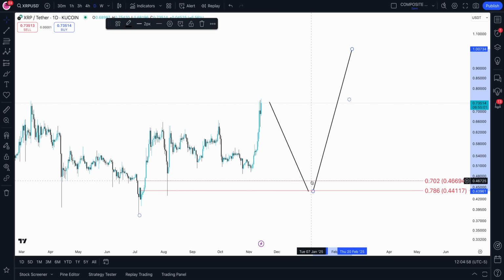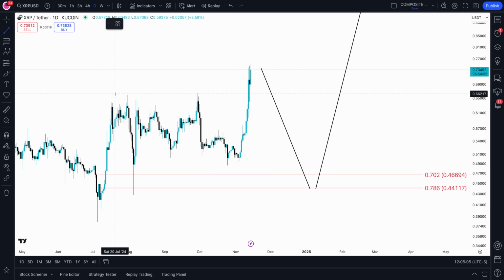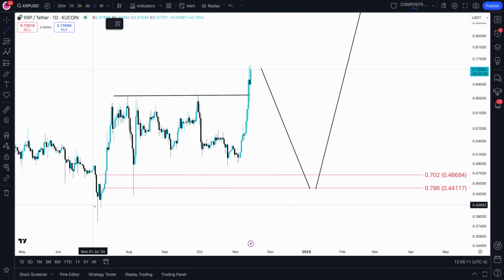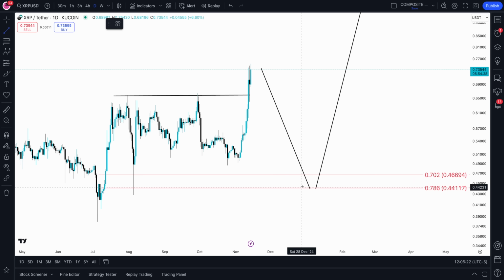This market is about probabilities, and we're just trying to see the certain possibilities. We're just trying to see the different scenarios. So remember, if XRP goes below that 0.702, 0.786, Bitcoin sees the sell-off, ETH sees the sell-off down to the lower fibs, then it's likely XRP would follow suit.